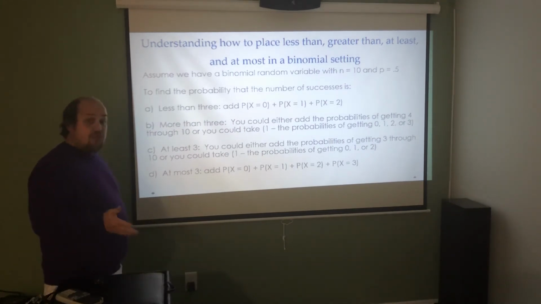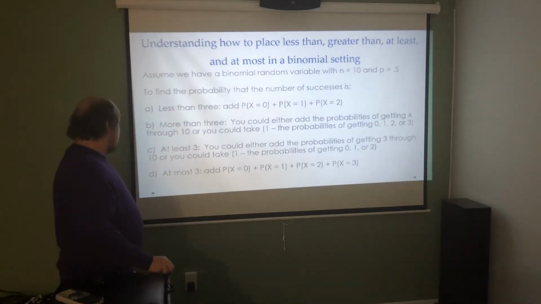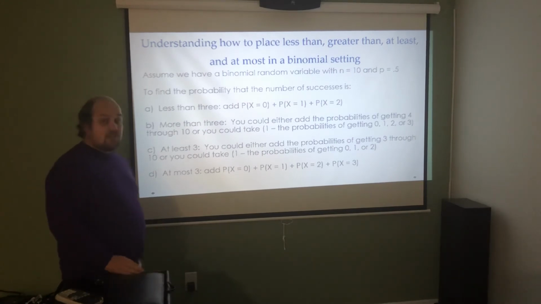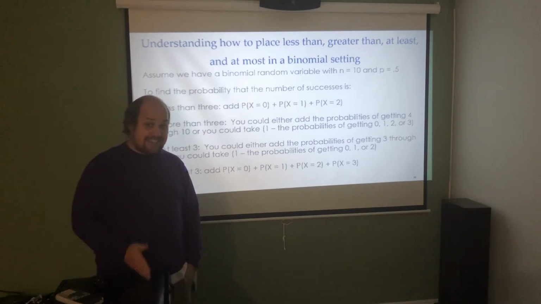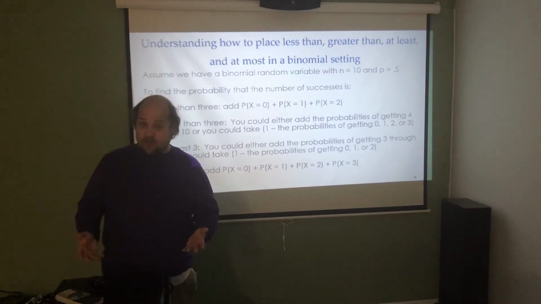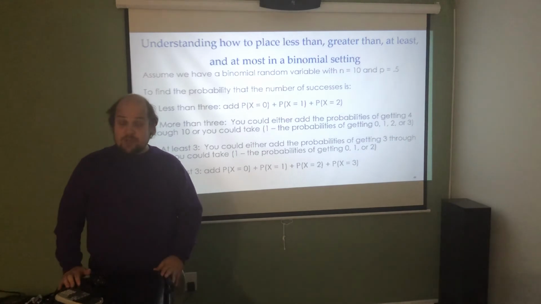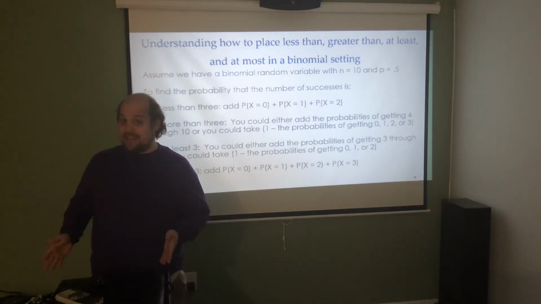But if I understand how to use complements, I could say, well, wait, the probability of getting something more than 3, which is 4 through 10, is really everything except the probability of getting 0, 1, 2, or 3. So if you see these questions in terms of the sample space, there's times where it's going to be easier to figure out what's not included as opposed to what is included.